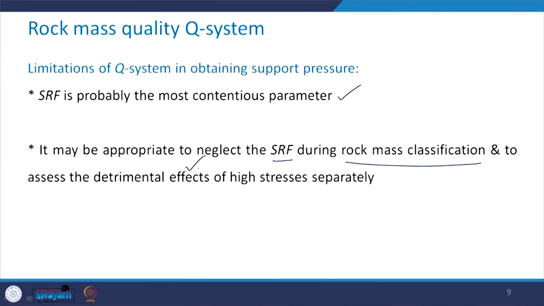So, we need to be careful that we are not considering the SRF while calculating Q and also taking this effect in the analysis. One needs to be careful here.